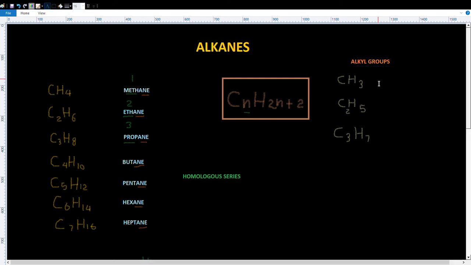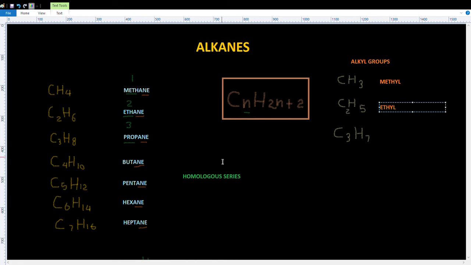We give this a name, and that name is methyl. And see this too. This is C2H6, ethane. Here we remove one of the H atoms, and we get C2H5, and we call that ethyl.